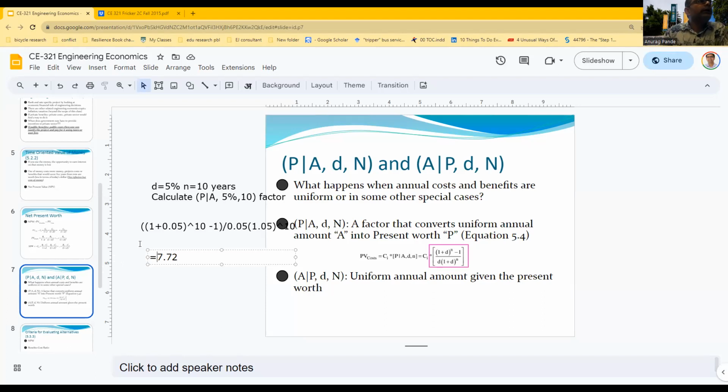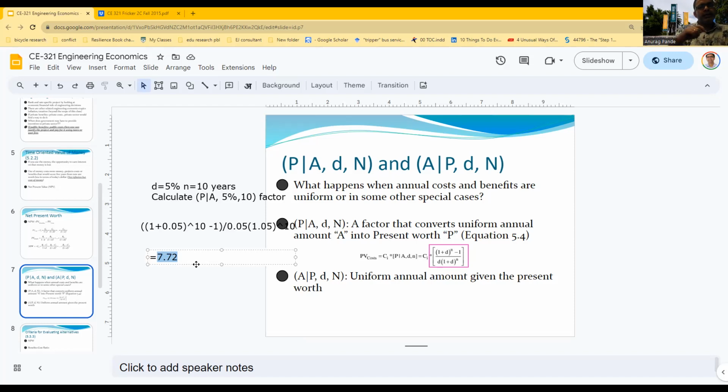So I can convert any uniform series, be it $1,000, $10,000, $1 million, $200,000, whatever it is. If there is a cost or a benefit stream of $200,000 every year, I can convert that stream by multiplying it by 7.72, into the present value.